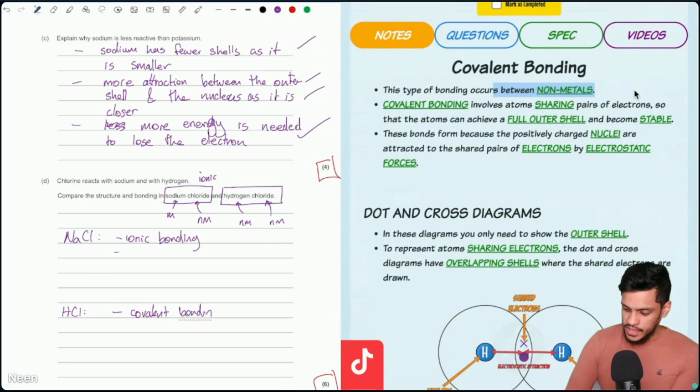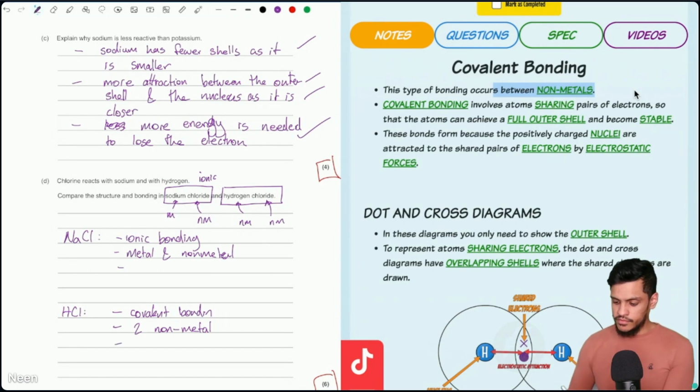You can mention that it's a metal and a non-metal. This is 2 non-metals. Anything else you can mention? Let me know if there's anything else you can think of about ionic bonding. So ionic bonding occurs between oppositely charged ions.